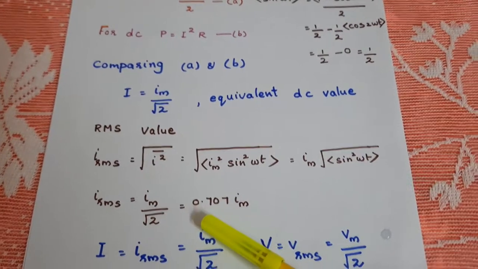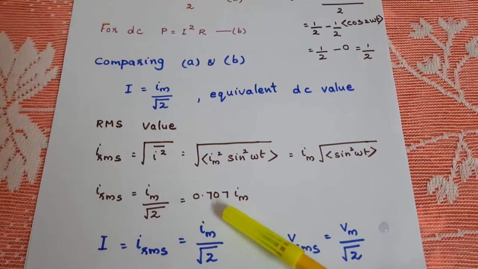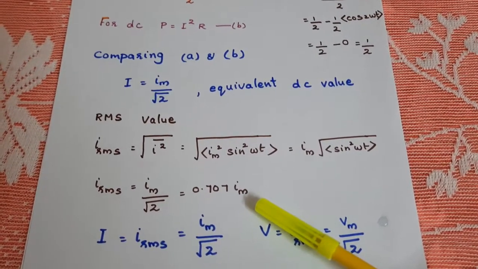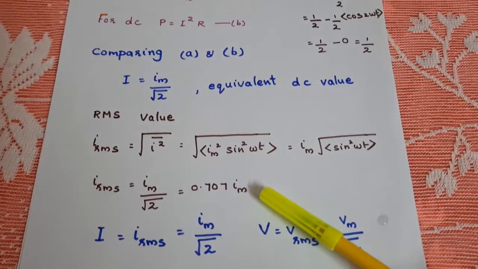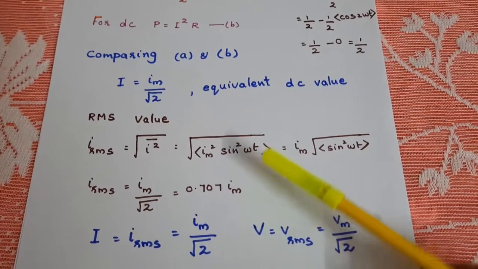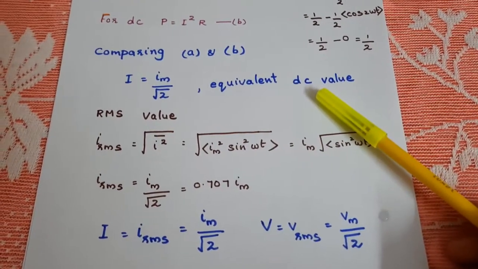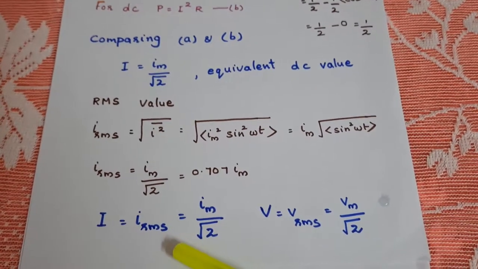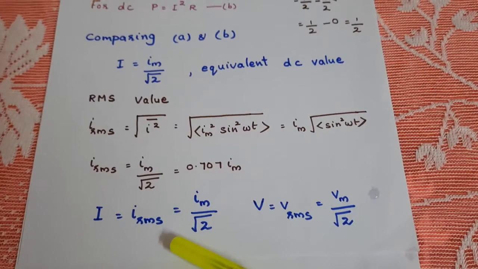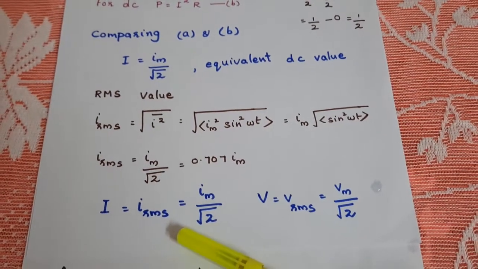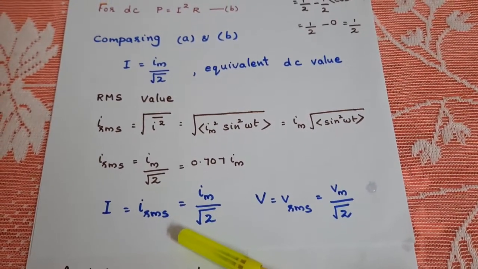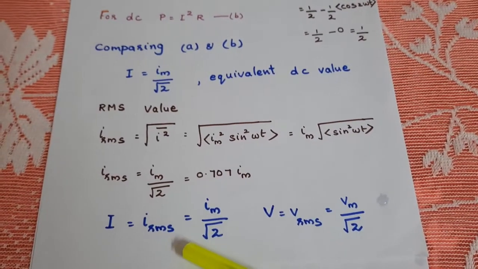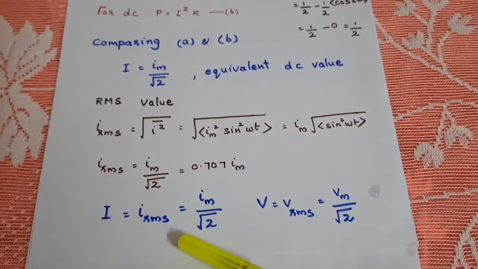It is equal to 0.707 Im or 70.7% of the peak value. It is the same as the equivalent DC value. So in the case of AC, the RMS current represents the effective value of the current or equivalent DC value, as it produces the same power as that produced by the DC current.